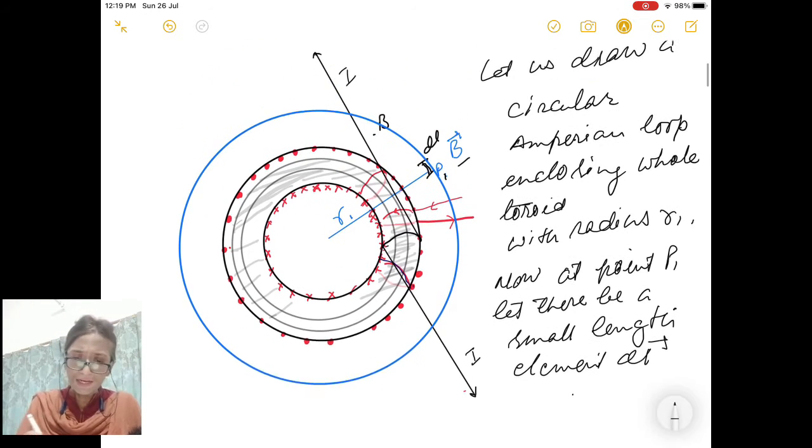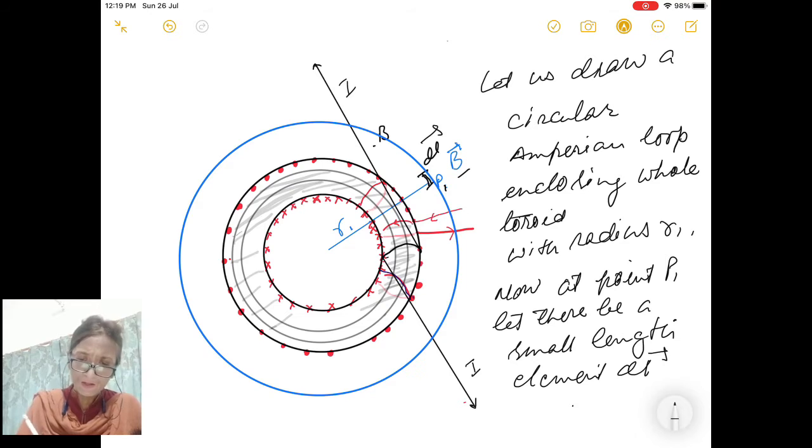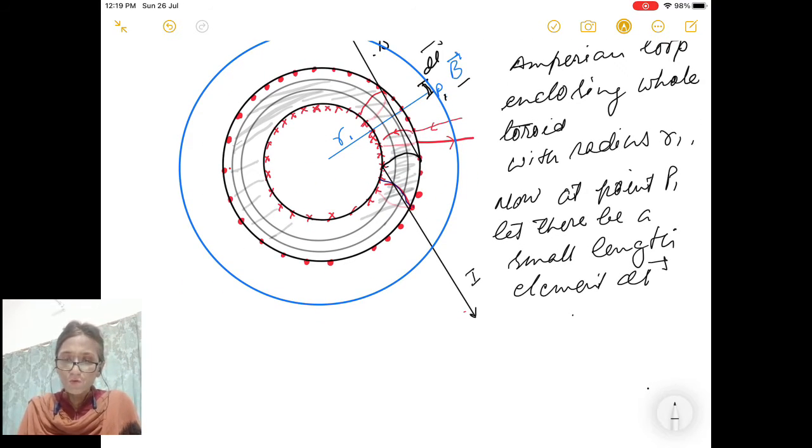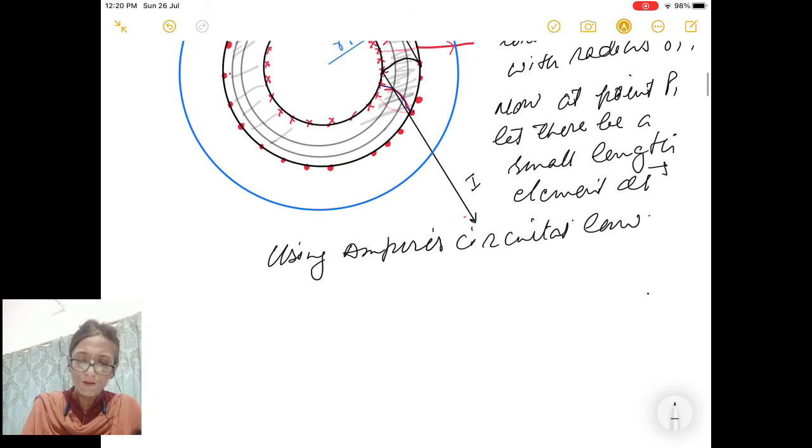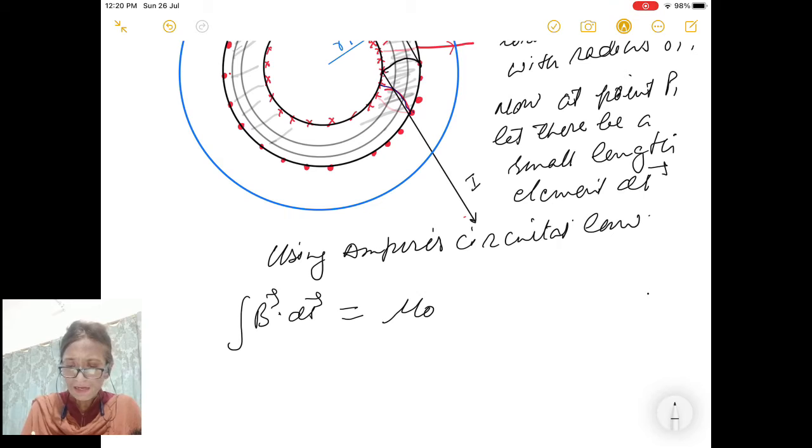This length element is a vector quantity. So, using Ampere's circuital law, the line integral of B dot dl must be equal to mu naught times the total current enclosed in the Amperian loop, I net.